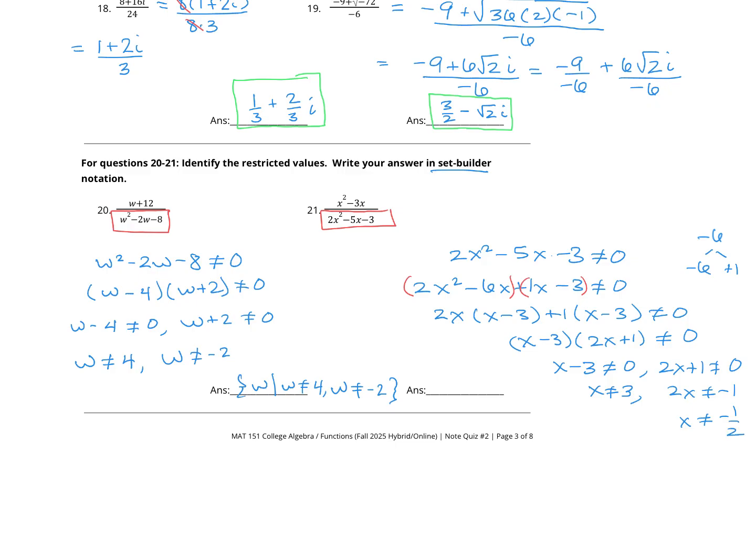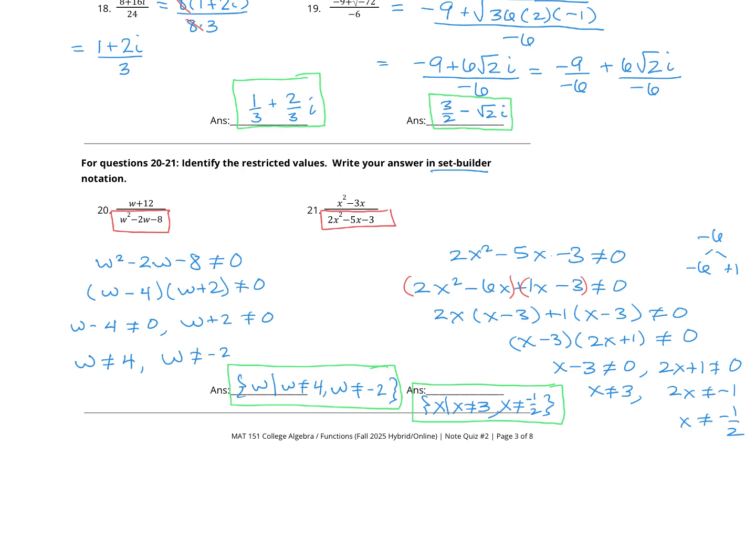So this is going to be the set of numbers x, such that x is not equal to 3, and x is not equal to -1/2. Write that really nice and small. So that is going to be the set of possible answers there. And this is going to be the set of possible answers for the first one. So we found the restrictions for the first expression and the second expression here.